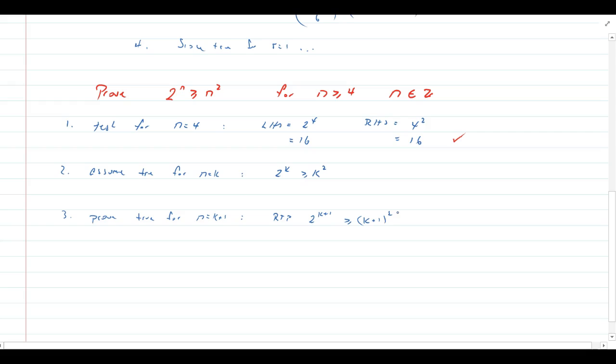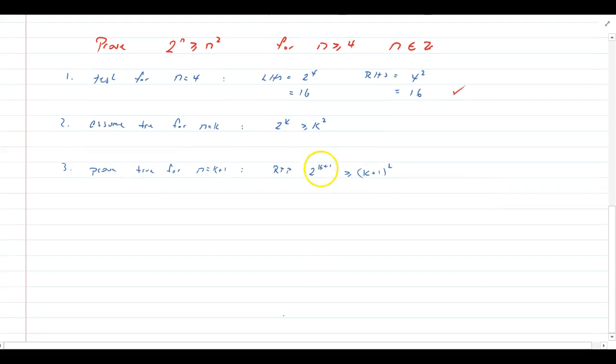Okay, how do we use our assumption? Well, 2 to the k plus 1 is twice 2 to the k. So from step 2, 2 times 2 to the k will be greater than or equal to 2 times k squared, multiplying both sides by 2.